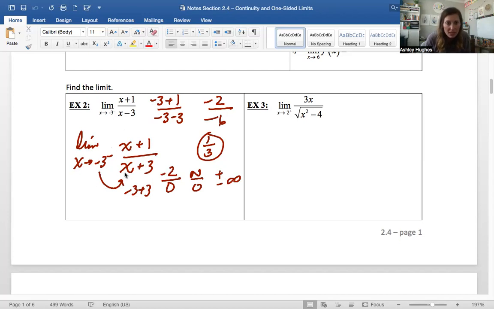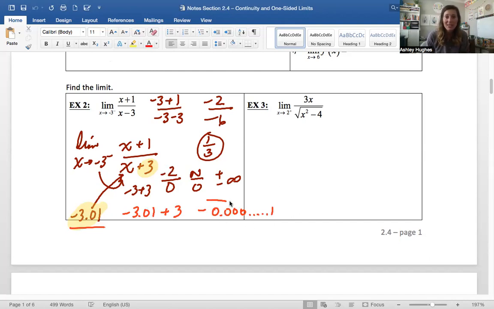So imagine that I plug in something to the left of -3, like -3.01. If I plug that in here for x, and I added 3 to it, would the result be positive or negative? If I take -3.01 and I do plus 3, I'm going to be very close to 0, but it's going to be a negative number close to 0.